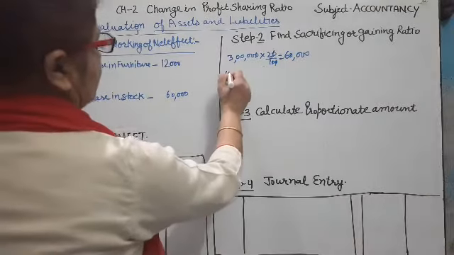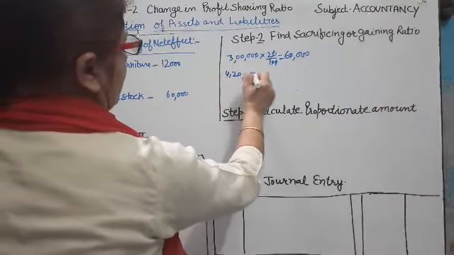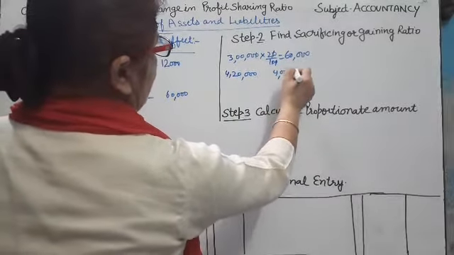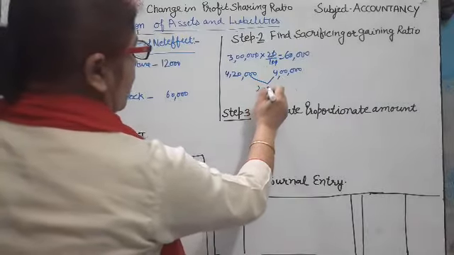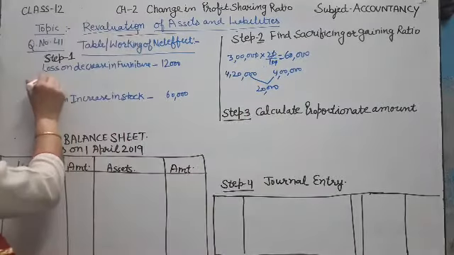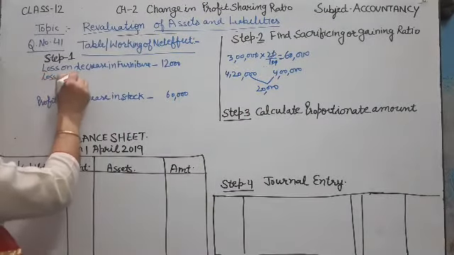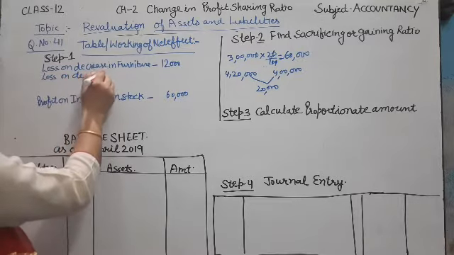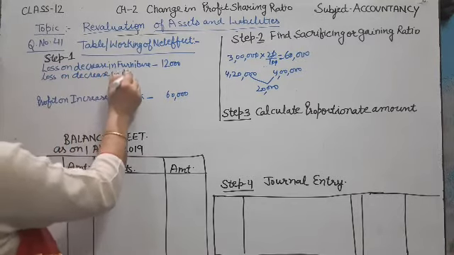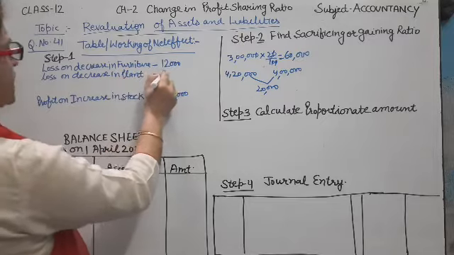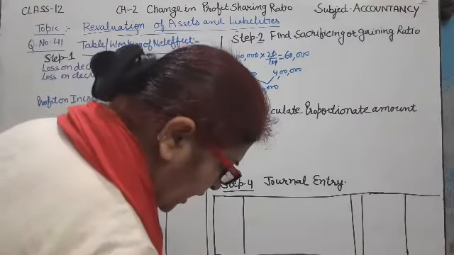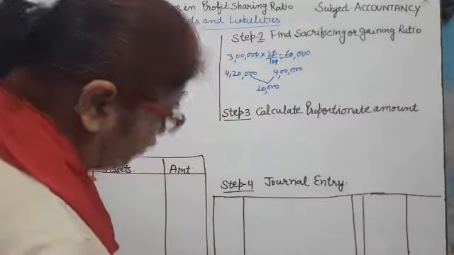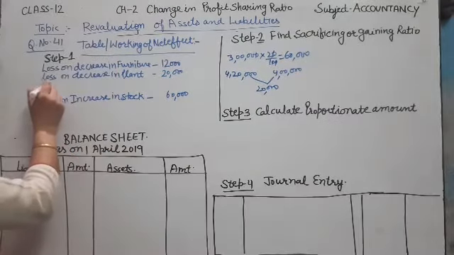Firstly, the machinery value is 4 lakh 20,000. Now the revised value is 4 lakh. That means 20,000 is a loss. So you write here loss on decrease in plant and machinery, that is 20,000. And the fourth adjustment is create a provision for doubtful debts. This is also a loss.